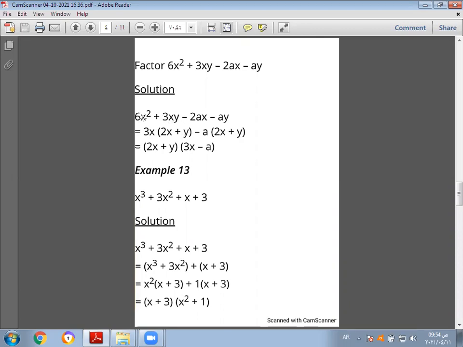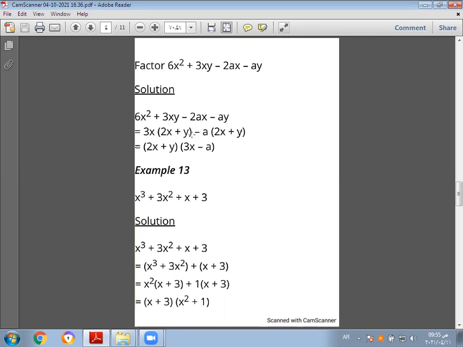Then from the first and second terms, if we take 3x as HCF, we find the remainder 2x + y.